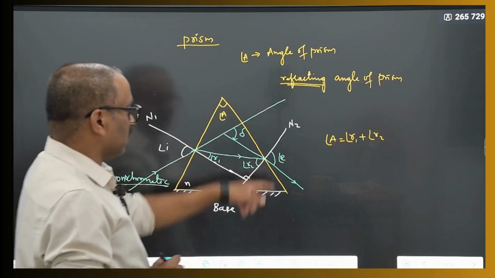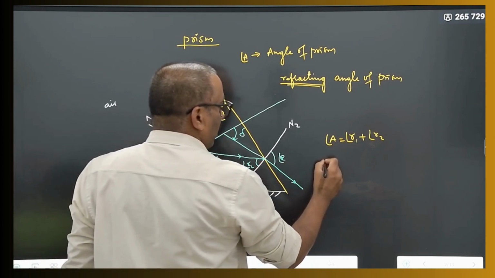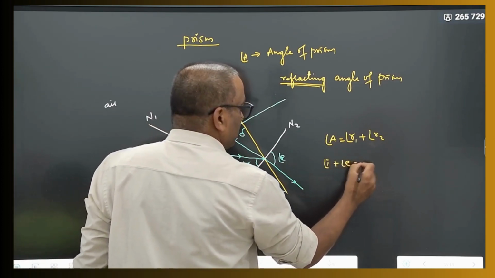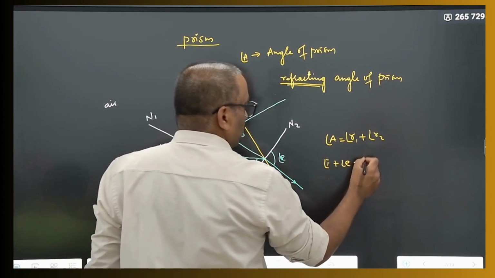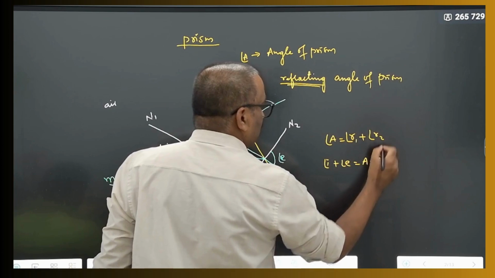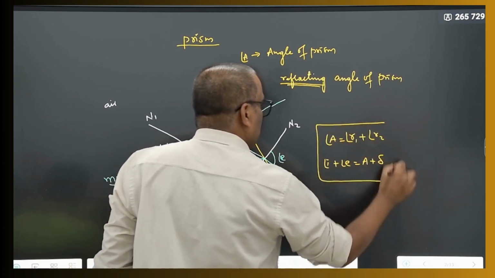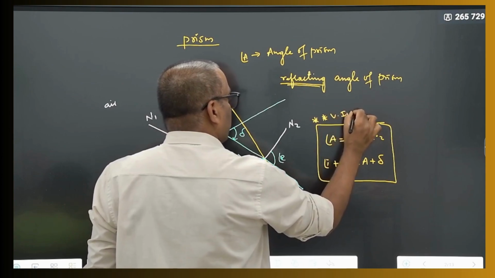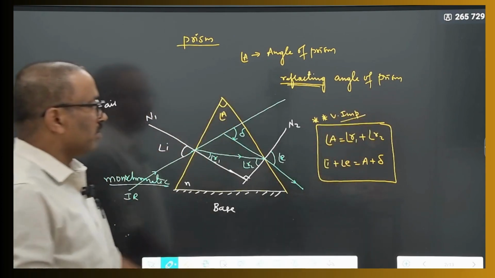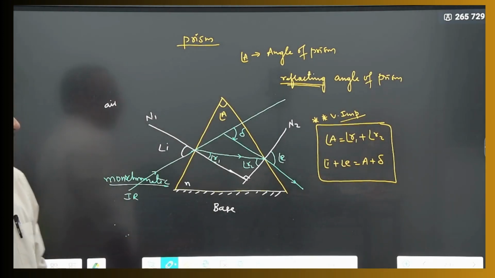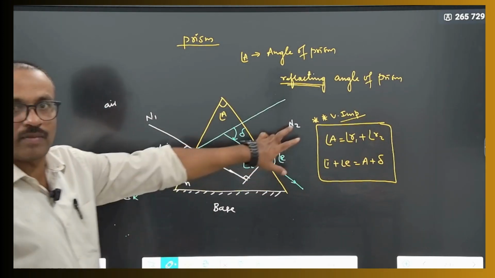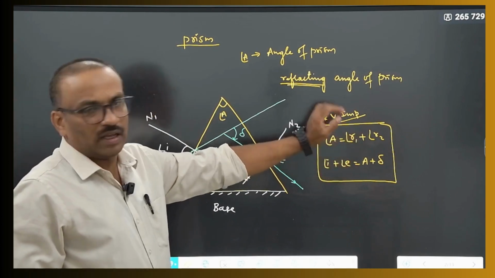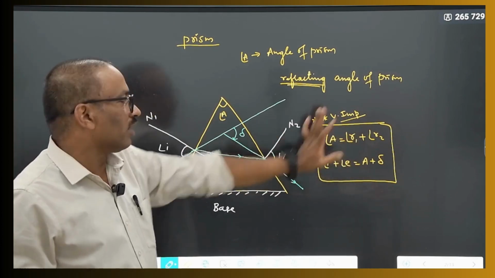And for the exterior angles, the angle of incidence plus the angle of emergence equals the angle of prism plus the angle of deviation. This is a very, very important relation between the angles. Clear? These two formulas you need to remember compulsorily. If you really practice, then you will remember.